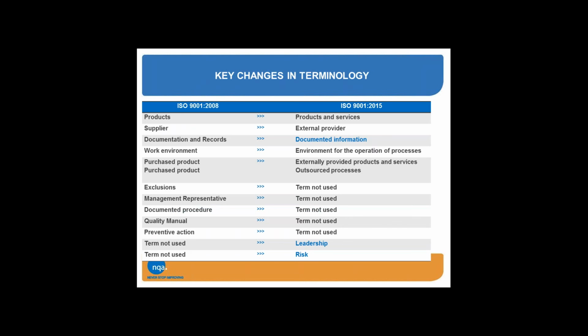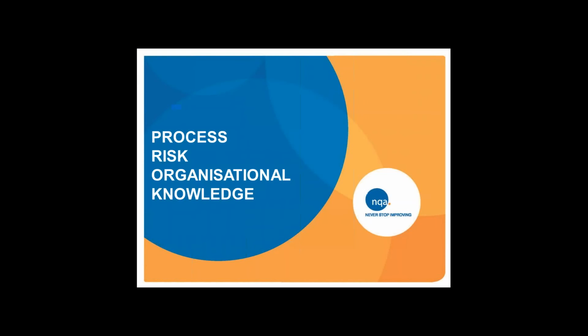And just to confuse you, 2008 is on the left-hand side in this one. So just very briefly, for example, documentation and records, that's now changed to documented information. Management representative is a term no longer used in the 2015 standard.